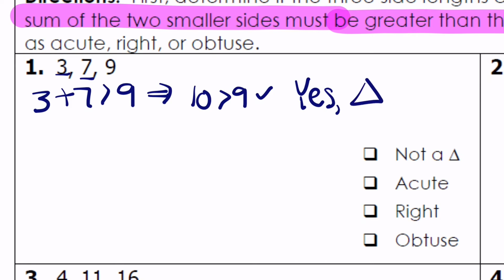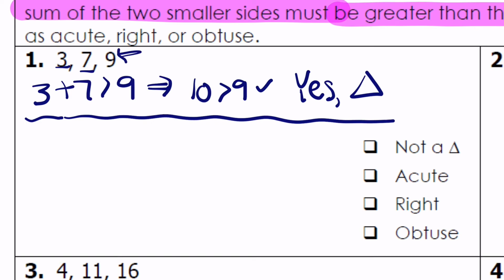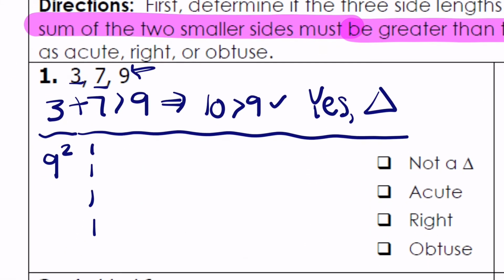All right, so now we determine what kind of triangle it is. That means we're going to take our largest side, which is 9. That's going to be our C. So 9 squared, and then I'm going to use just a little dashed line here. We need to find out if it's equal to, greater than, or less than A squared plus B squared. So 3 squared plus 7 squared.